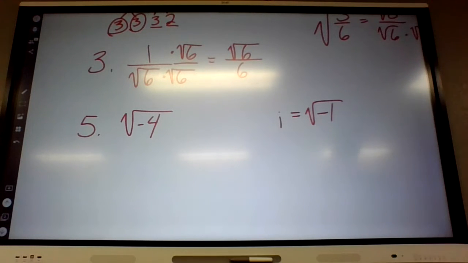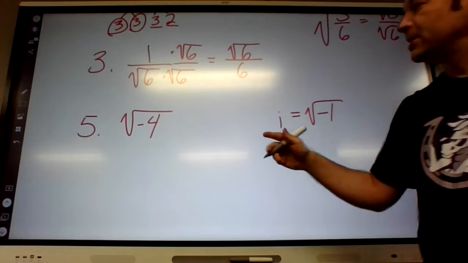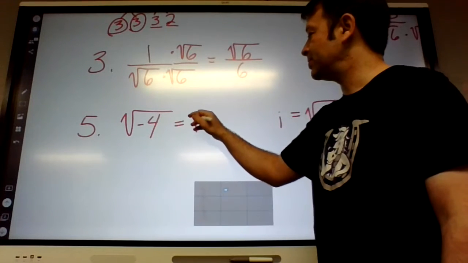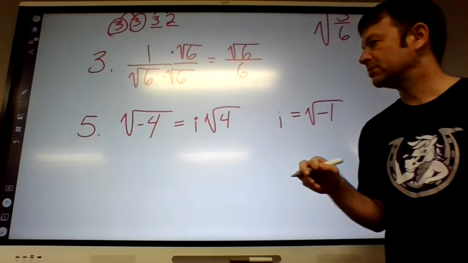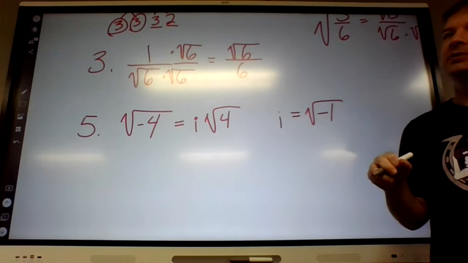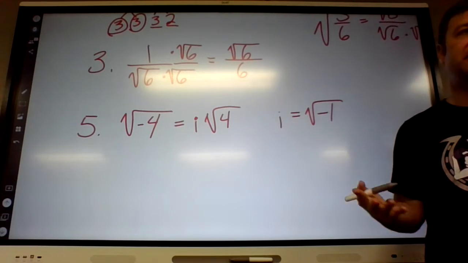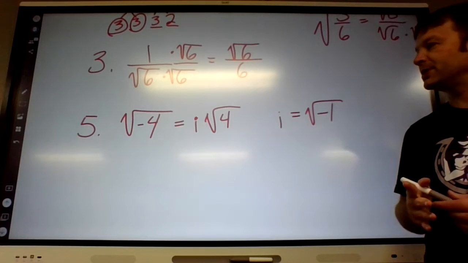That doesn't make sense because nothing times itself equals a negative. A positive times a positive is positive, negative times negative is positive. So this turns into I square root of 4. I just means there's an imaginary component to this.